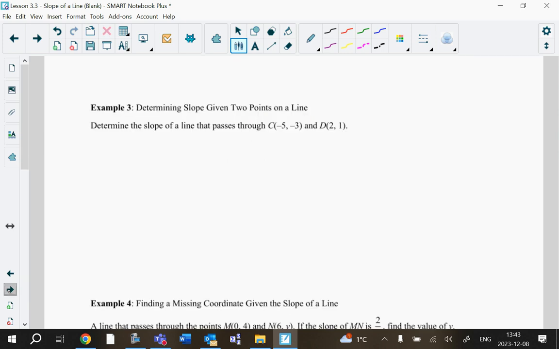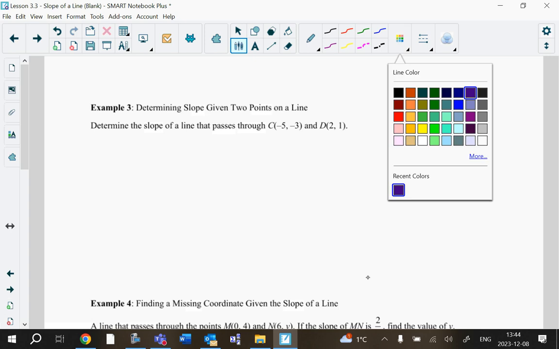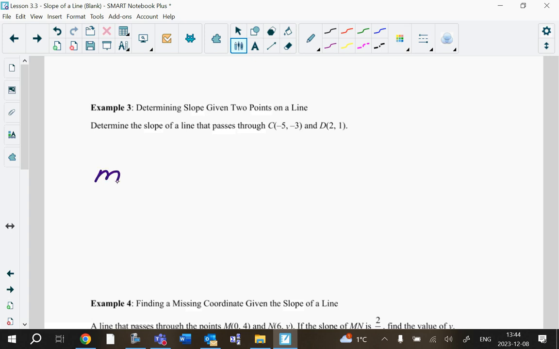So I'm not going to do example 4. Let's just do example 3. You're asked to find the slope of a line that goes through these 2 points. In other words, these 2 points are on the line. So I want to find the slope, little m, of CD. What did I do? So second y minus first y.